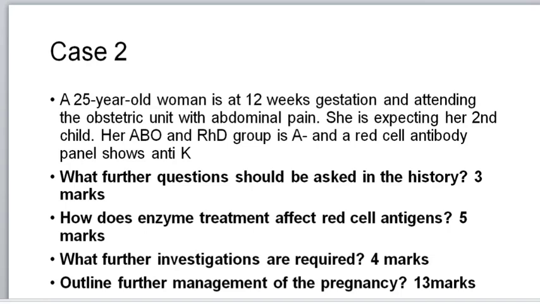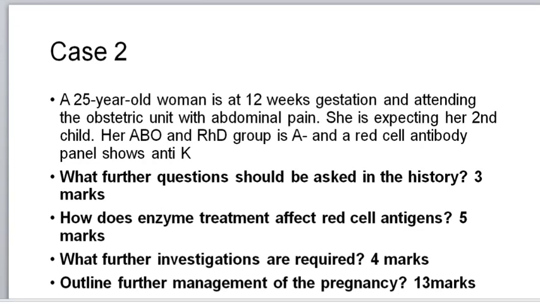So the most likely questions are: what further questions you would ask in the history of this patient; how does the enzyme treatment affect red cell antigens; what further investigations are required in this particular case; and a pregnancy plan, which includes delivery plan and baby examination after birth. So these are a few examples of the questions given to a red cell antibody scenario.